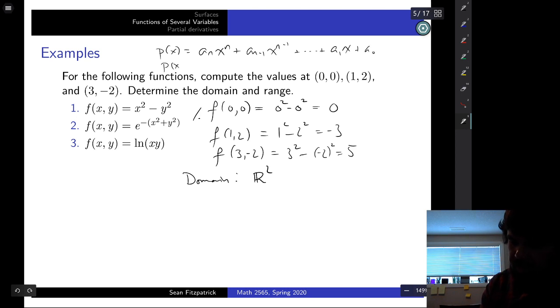So we can do polynomials in two variables as well. We can have a constant, right? We could have maybe a_1 x, we could have a_2 y, we can have a_3 x squared, we have a cross term x times y, y squared, and so on, right?